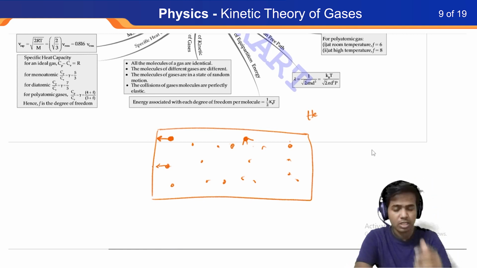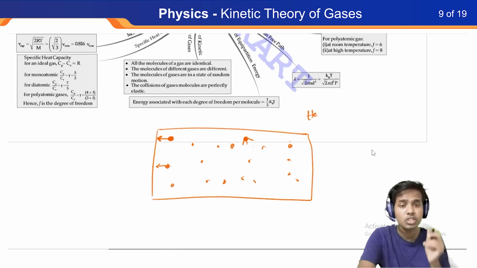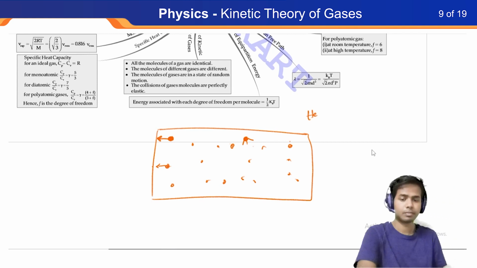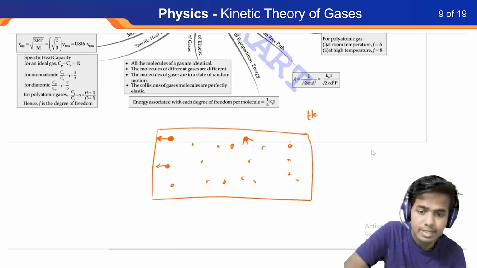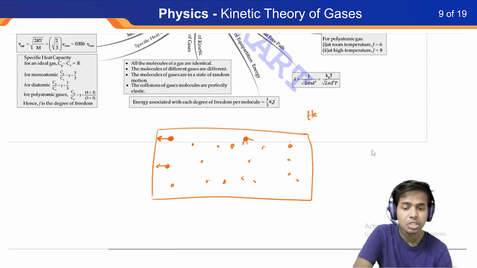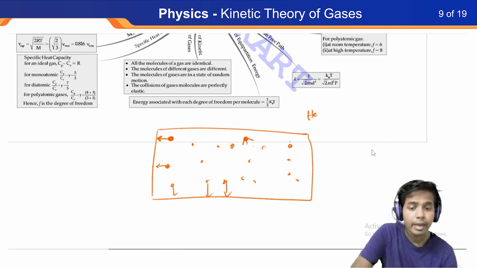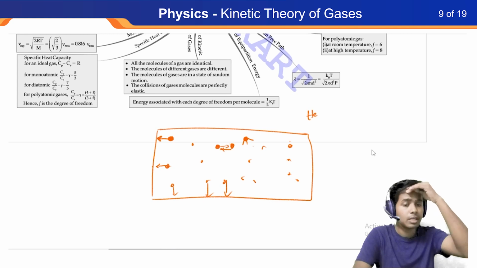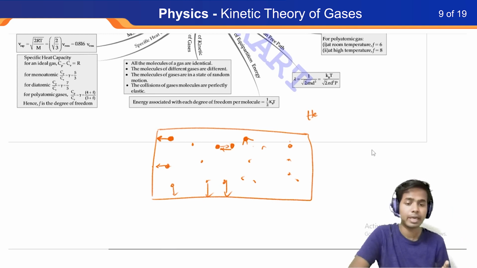In previous classes you must have learned about perfectly elastic collision, in which no energy is lost inside the collision, and whatever kinetic energy it had previously, it will regain the same. So it is perfectly elastic.